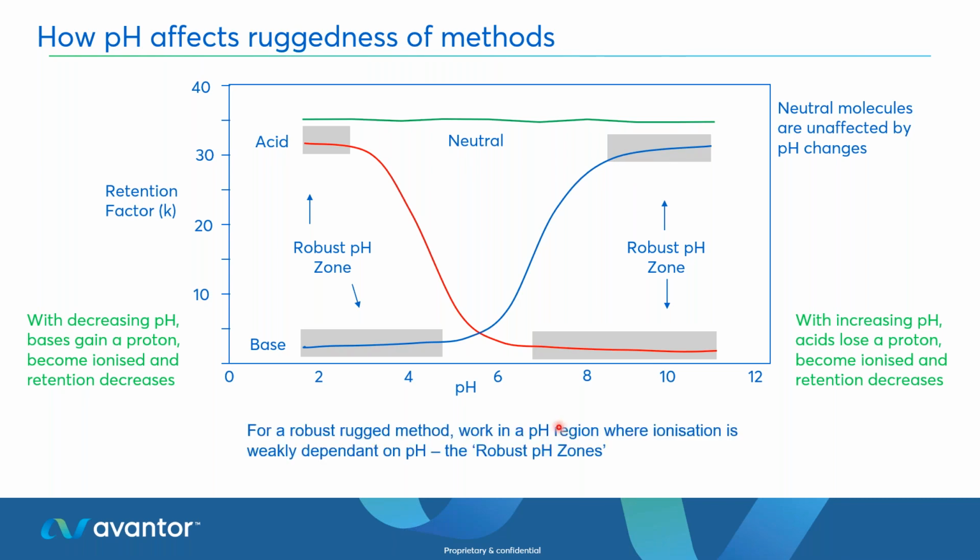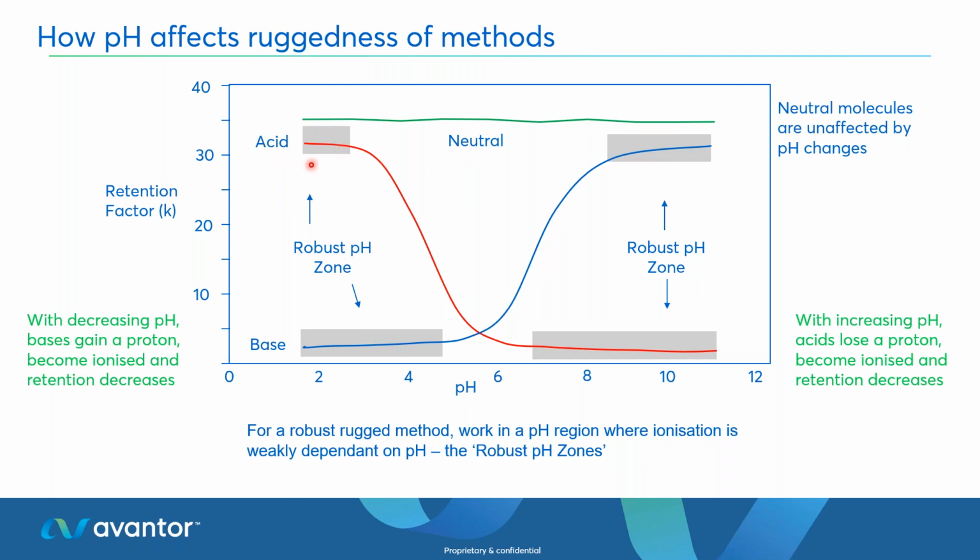So it would be best to work in these robust or rugged zones, not on these steep slopes where very small changes in pH can lead to very significant changes in retention. And although these are nice, big, robust zones, you've got very poor retention of bases at low pH and very poor retention of acids at high pH.